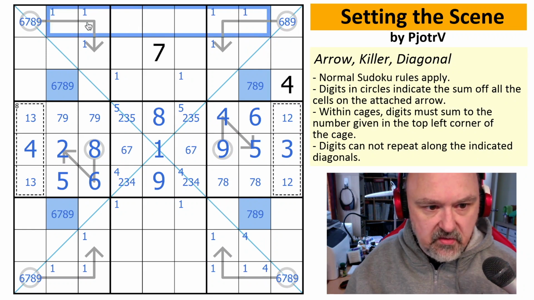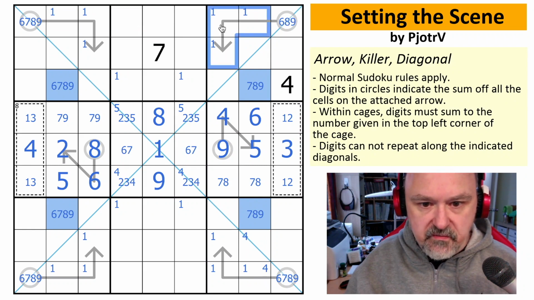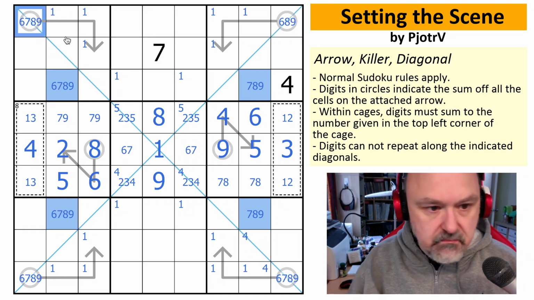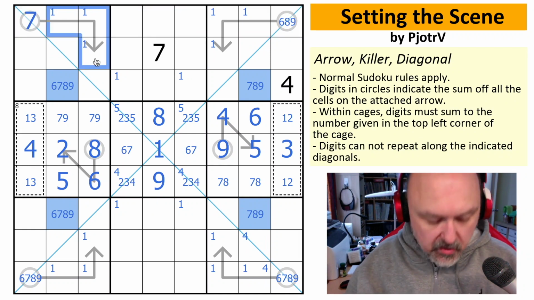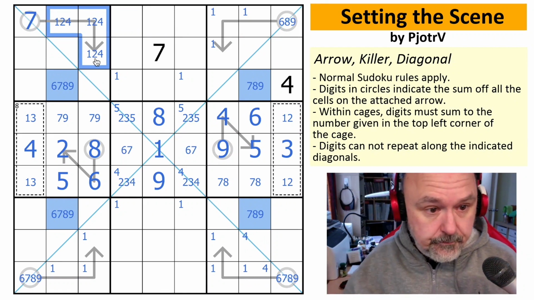We can't put 7 on an arrow, and we've discounted 7 from here somehow. Oh, because this can't be 1, 2, 4, so this can't be 7. We can't put 7 on an arrow because it'd have to go with 2 1s. So this must be a 7. And the only way to make up 7 is with 1, 2, 4. So that must be 1, 2, 4.